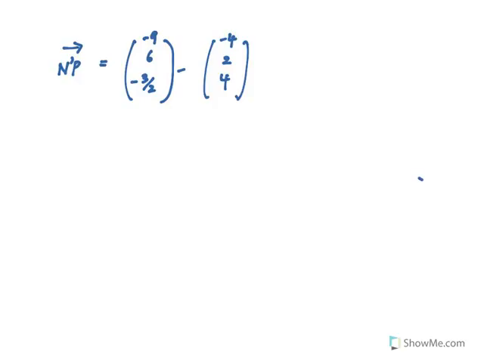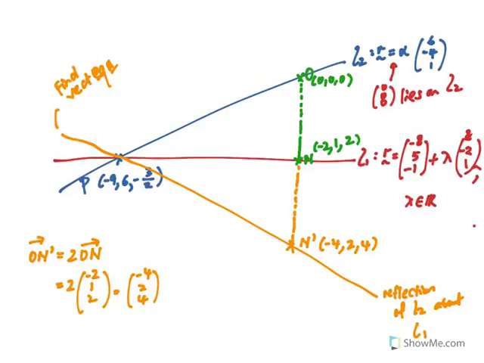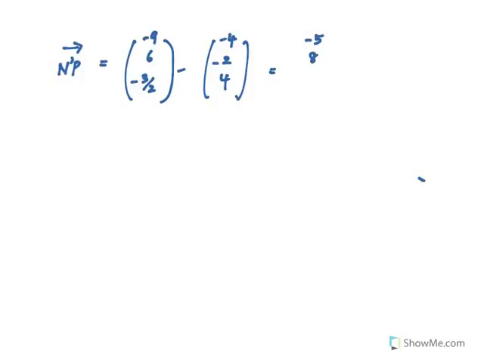So from here my answer should give -9 minus -4, which is -5. 6 minus 2 should give 4... let me check. Okay, apologies. Common human error.